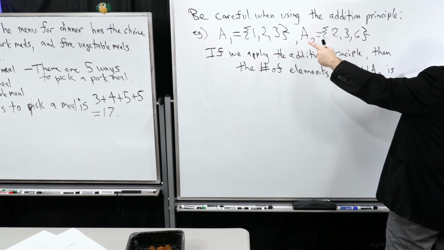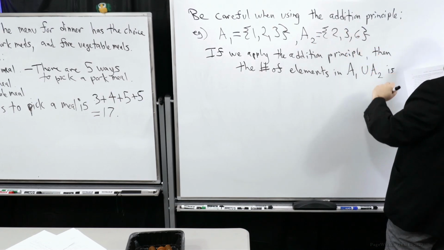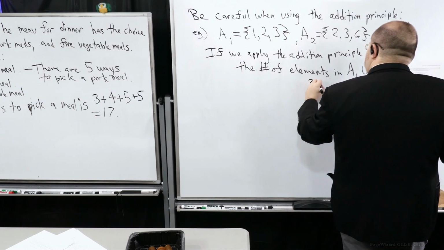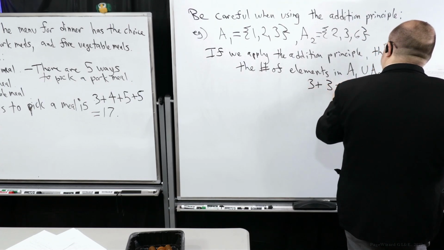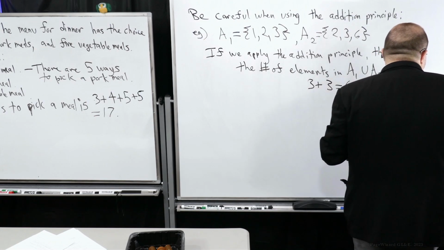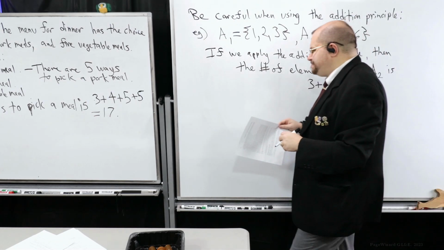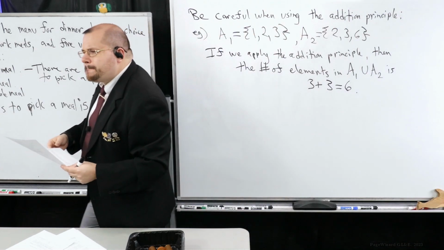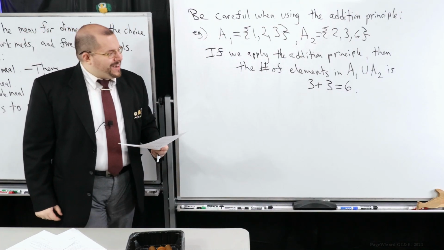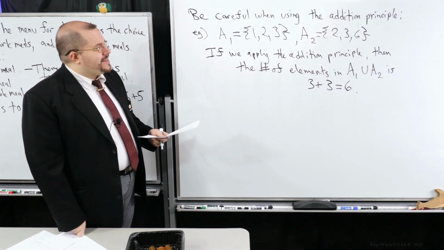Well, the number of elements in that one is 3, and that one also has 3. So it's 3 plus 3, which equals 6. But is that correct or incorrect? This is wrong, right? Why?